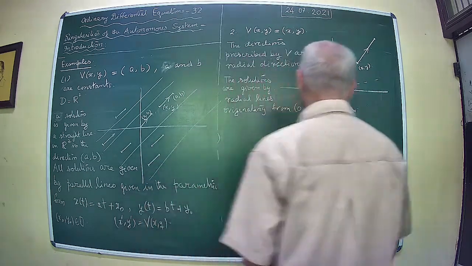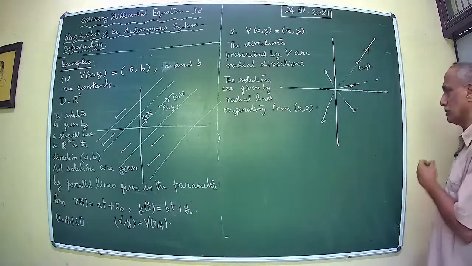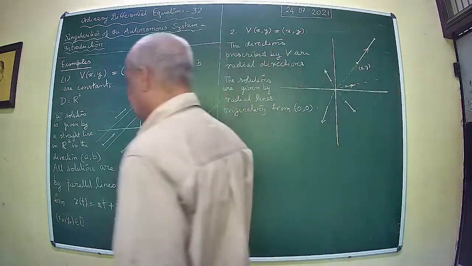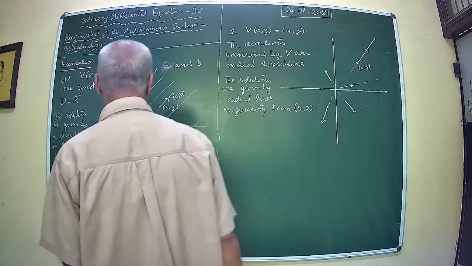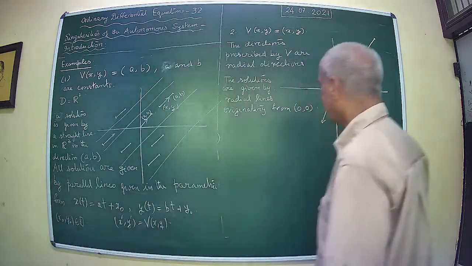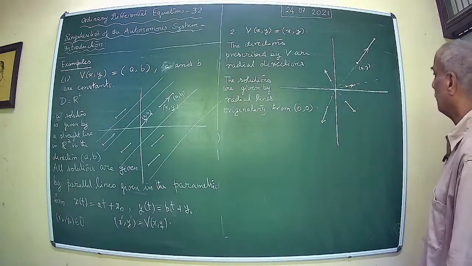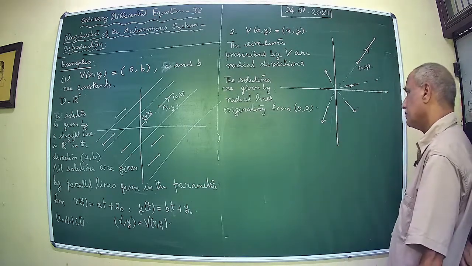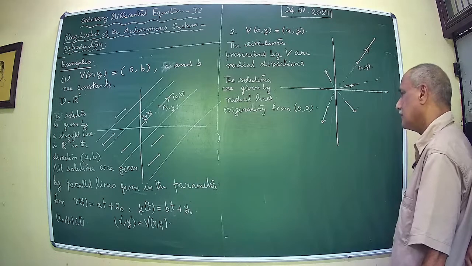Of course, (0, 0) is not included as it is, because the differential equation is 0 at (0, 0). Of course, if you want, you can include this. But these are all radial lines that you are defining. So all radial lines give you this.